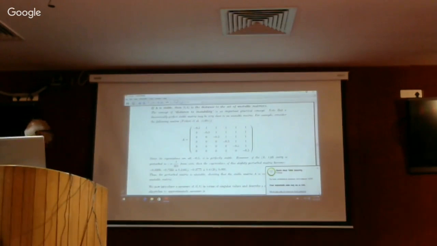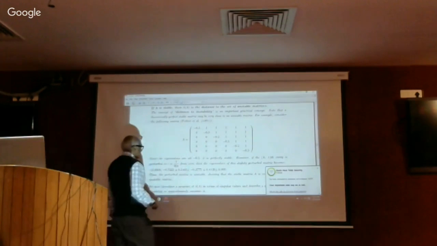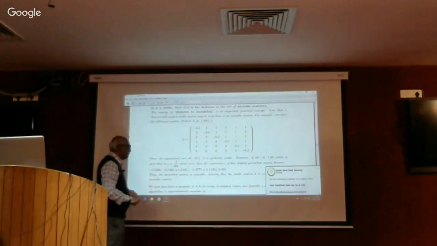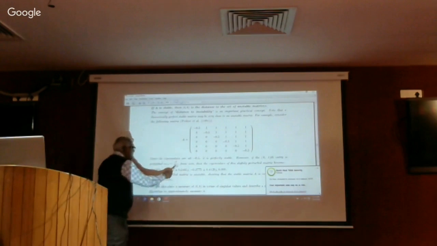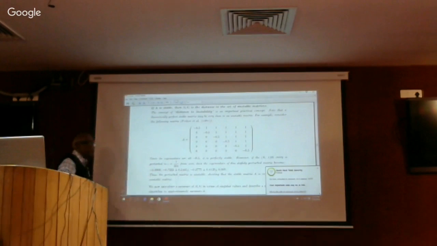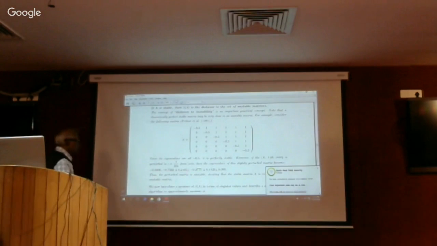However, if you perturb the sixth row entry, this entry, with a small number, say 1 over 324, and recompute the eigenvalues of the matrix, you see that one of the eigenvalues becomes 0.